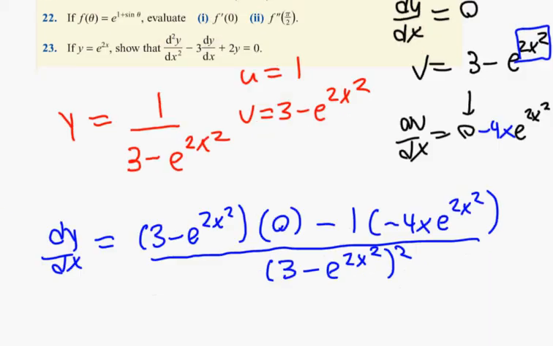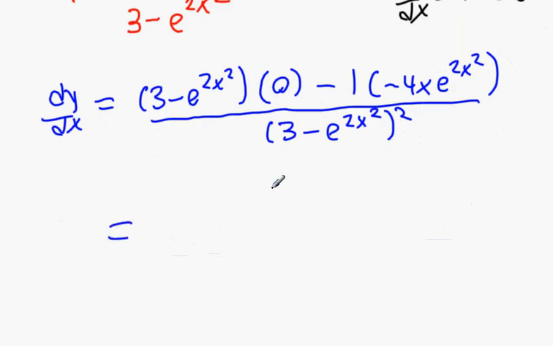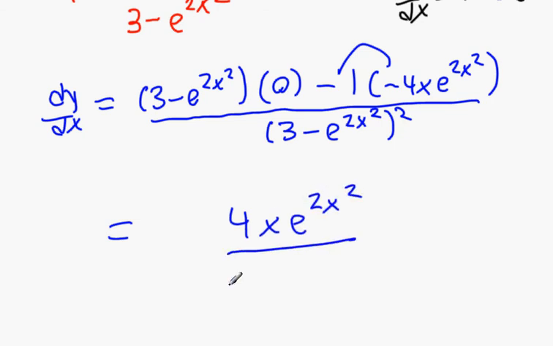We're not going to multiply out the bottom, absolutely no point. Multiply the top and we get 4x e to the 2x squared all over 3 minus e to the power of 2x squared, squared. That's the derivative of that one.